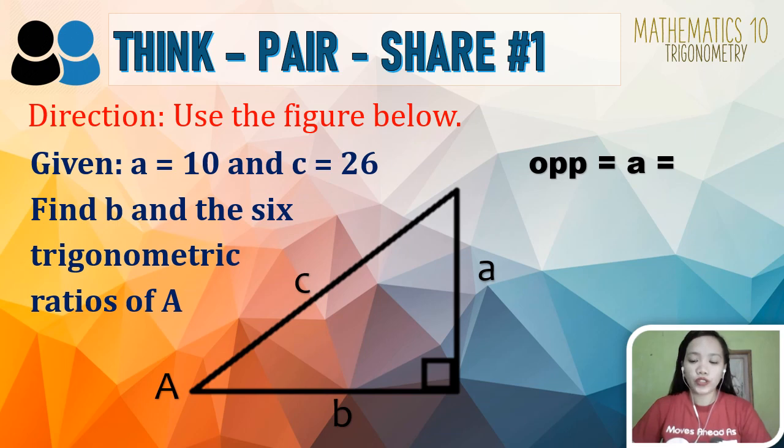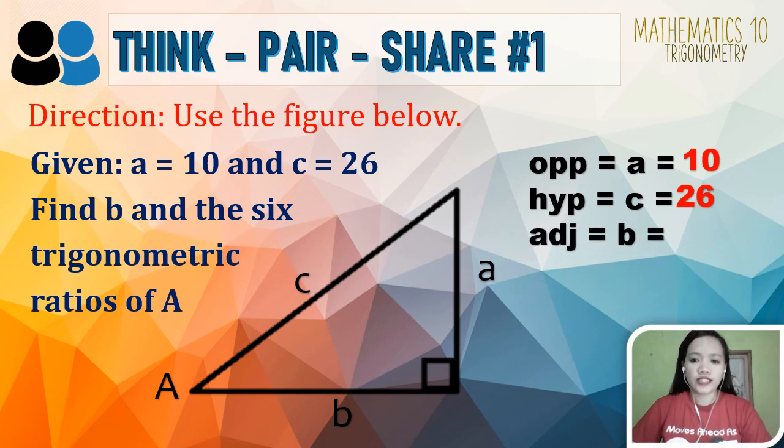But of course, we need to determine first the necessary data. For the opposite side, which we're going to refer to as A, it is equal to 10. For the hypotenuse side, which refers to C, it is 26. And of course, for the adjacent side, we don't know yet.